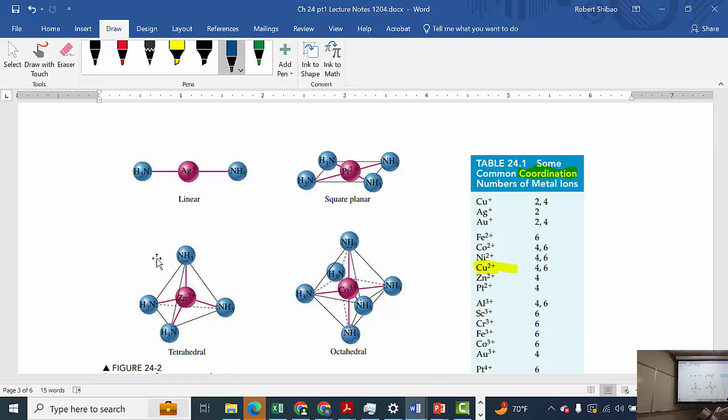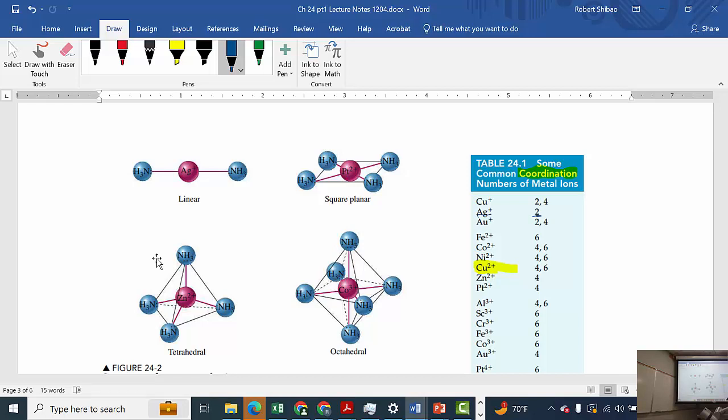And why don't we fit 6 things? Like, look at the zinc. We only have 4. Why didn't we fit 6 around it? And then silver, isn't there a lot more room on silver? This only has 2. Why don't we put 6 ammonias on silver? We should put 6 ammonias on everything. But this is the observation: silver only has 2.